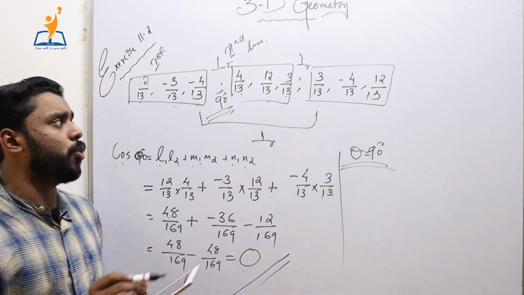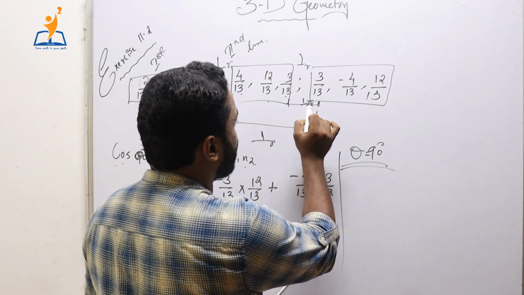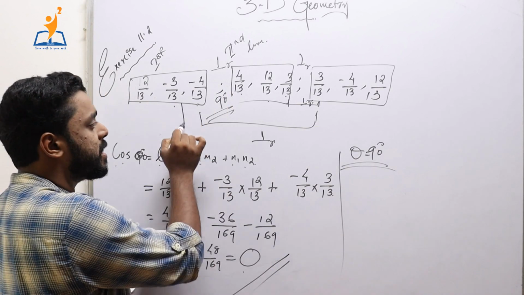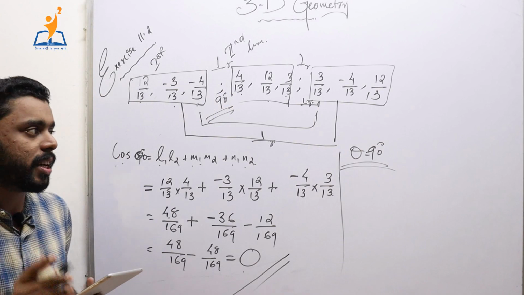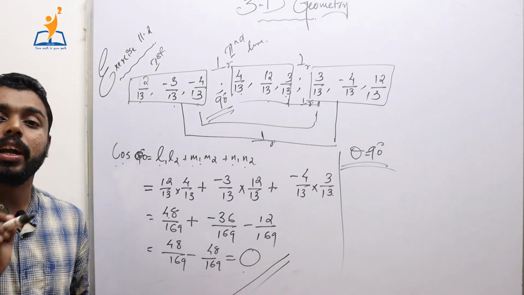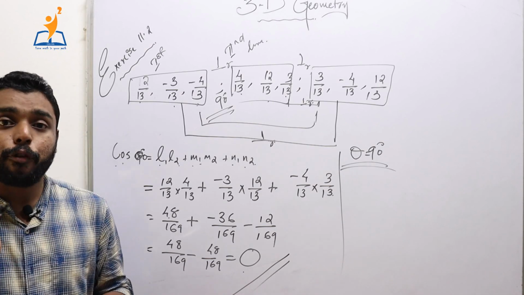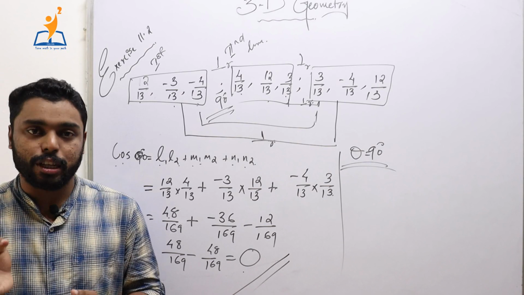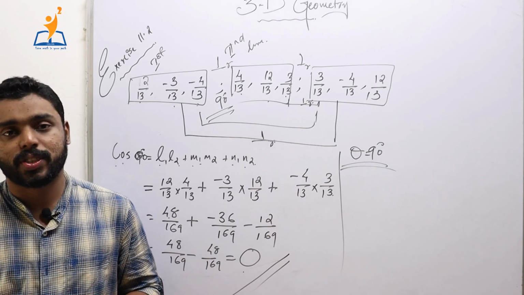In a similar manner, you can show that the second and the third line are perpendicular to each other, and at the last it is easy for you to show that the first and third line are perpendicular to each other. Just apply the formula cos theta is equal to L1 L2 plus M1 M2 plus N1 N2, which is the formula to find the angle between two lines when the direction cosines are given. Now we shall move on to the next question.